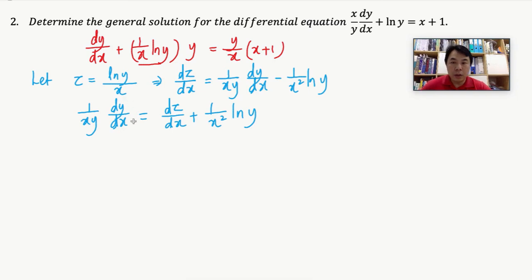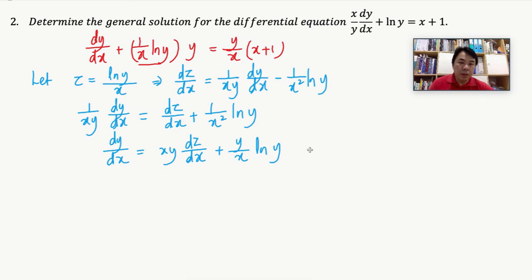And of course, I'm only interested to get dy/dx. Therefore, my dy/dx should be the same as xy dz/dx plus, in this case, the x cancels off, so I still have y over x ln y.